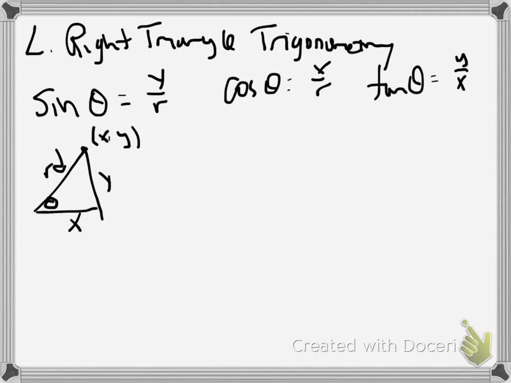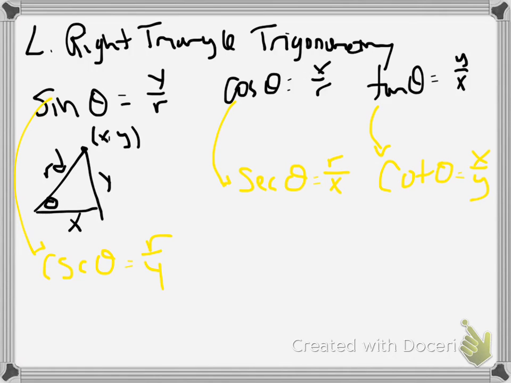This is the reason why I wanted you studying these over the summer. The reciprocal identity for sine is cosecant, so we can say that cosecant is r over y. Secant is r over x, and cotangent is x over y.